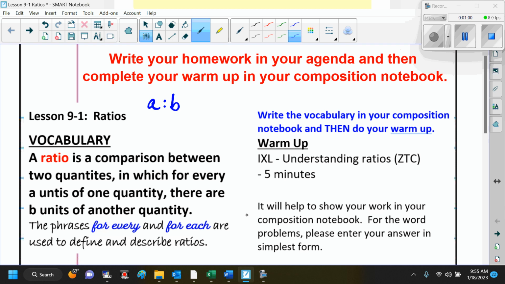Another way is using the word to, so A to B. And then finally, the third way is using a fraction form, A over B. When we're doing calculations, I think the fraction way is the most efficient way to write your ratios. Okay?